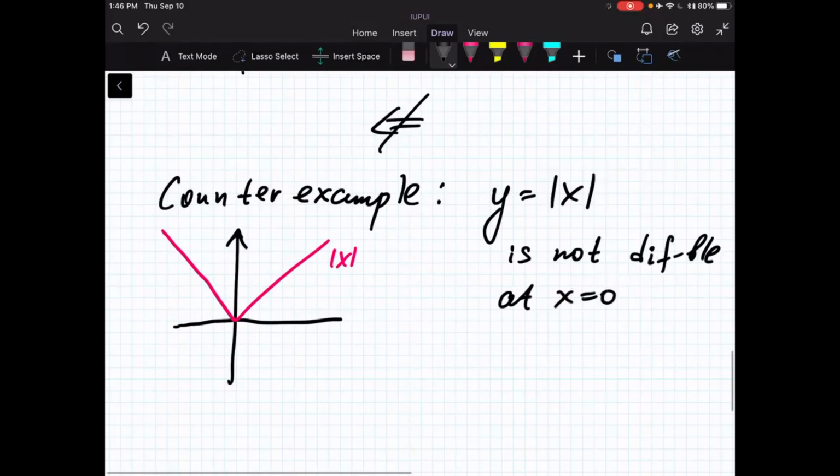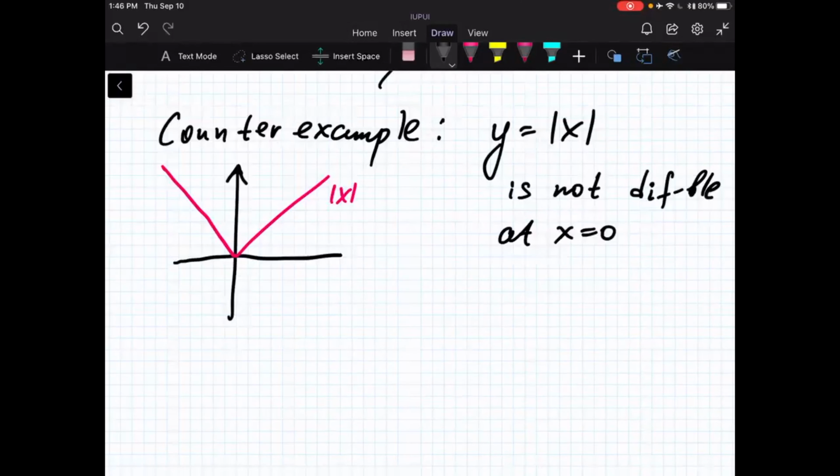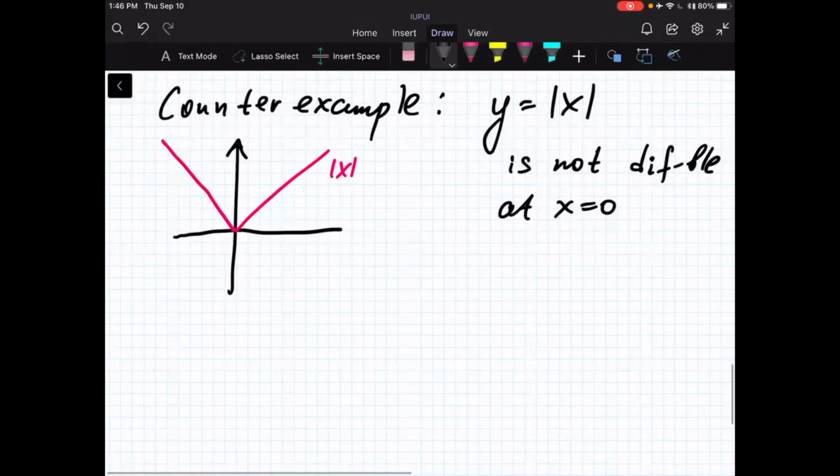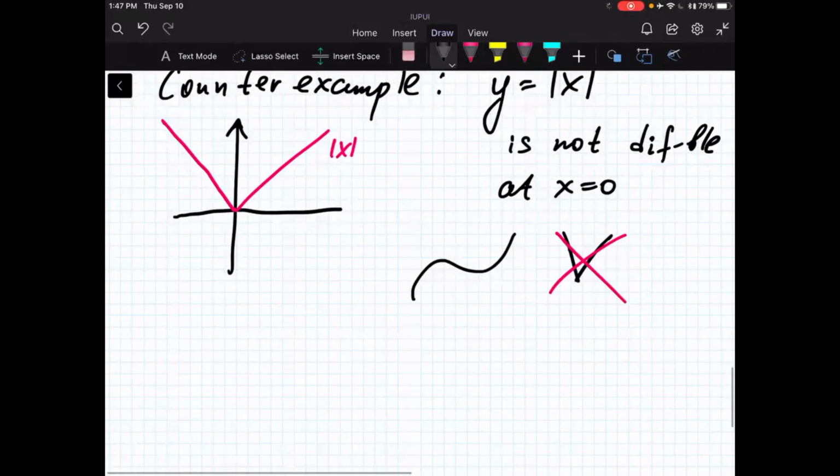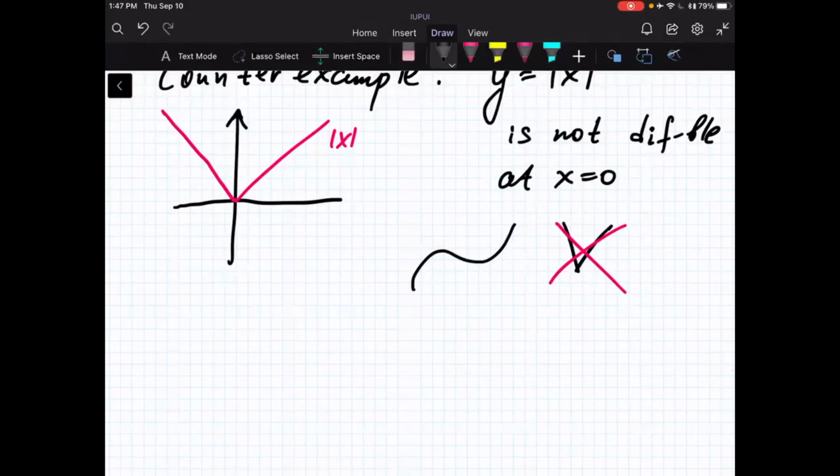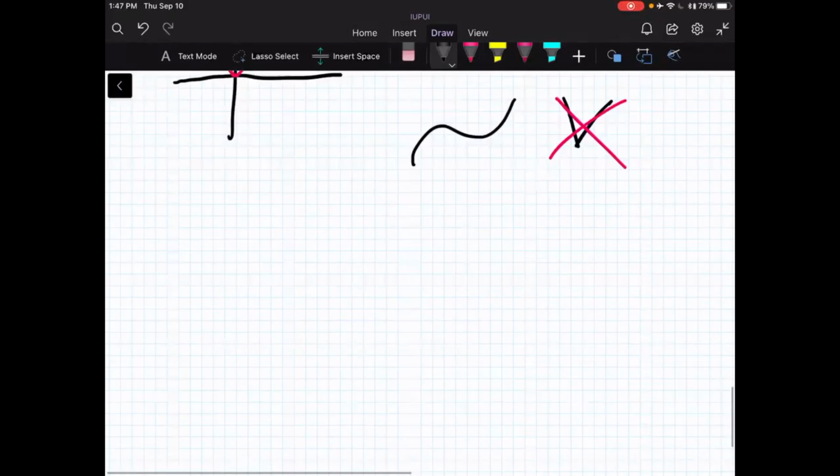Again, you can think about differentiable functions as smooth functions, something that has a form like that. But when you have some corners, like you have in this example, this is not. It's not differentiable. It's continuous because the graph is continuous, but it's not very smooth.